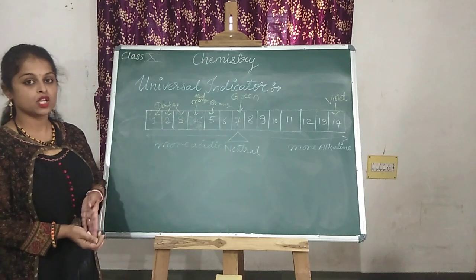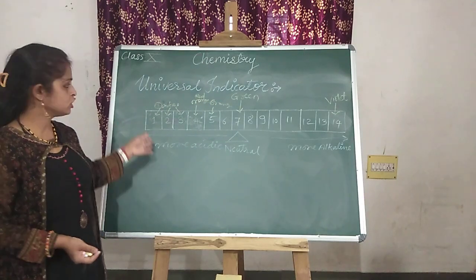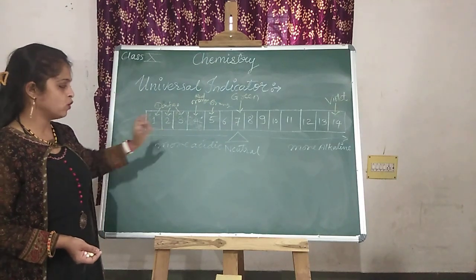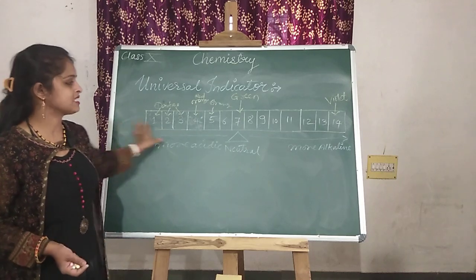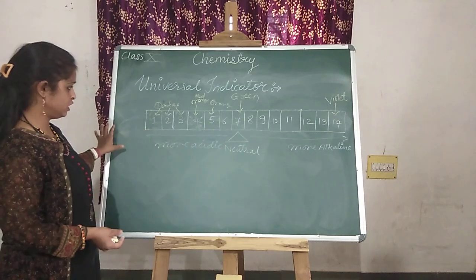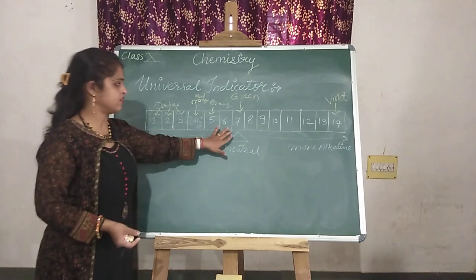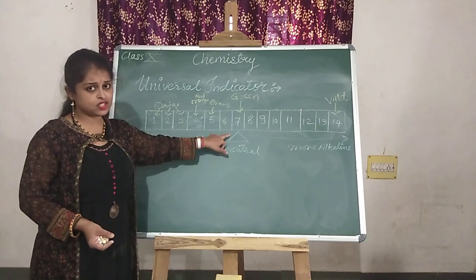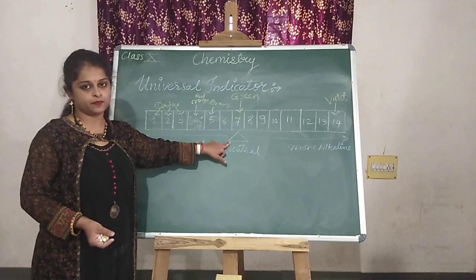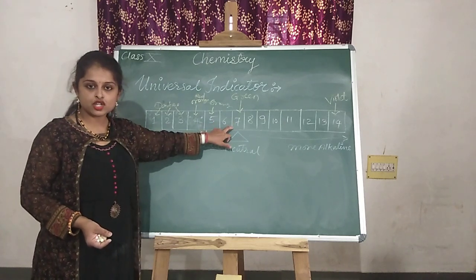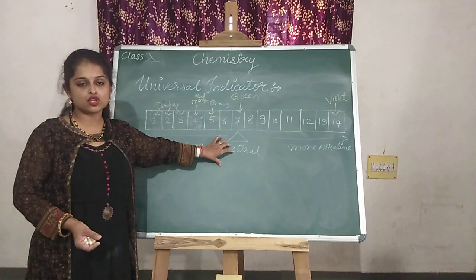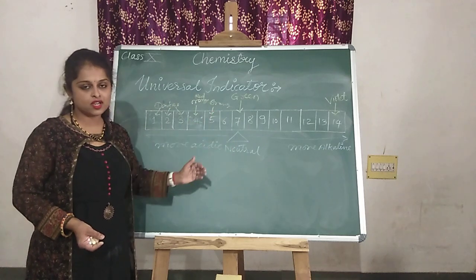If you study the universal indicator scale, one scale they have given you. If you see, as per the scale, if the pH is 7, it shows the green color. The green color shows that the particular solution or substance has pH 7.